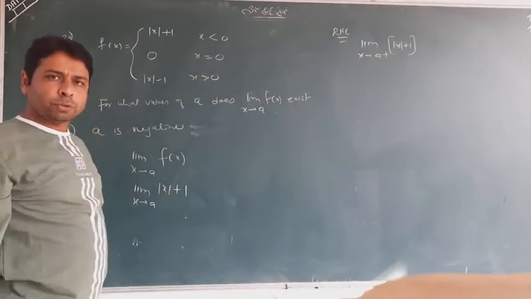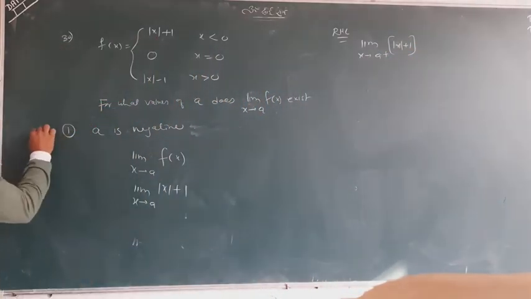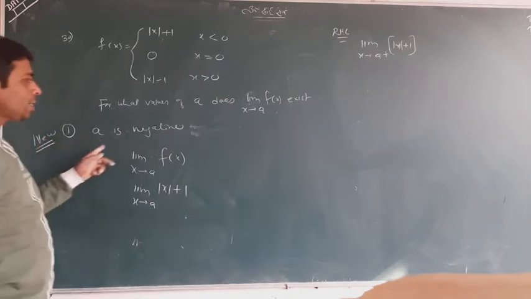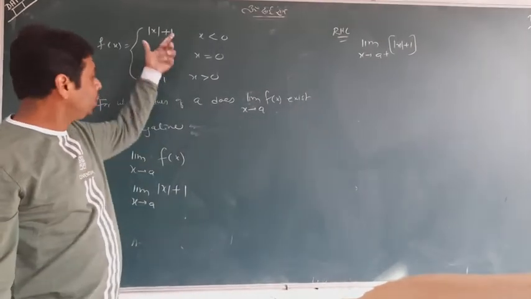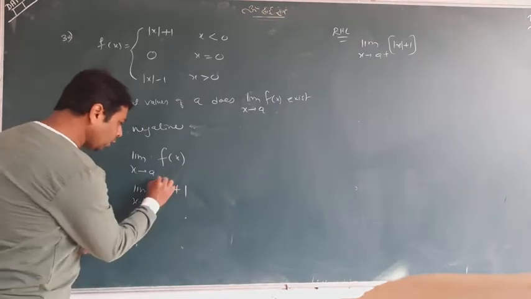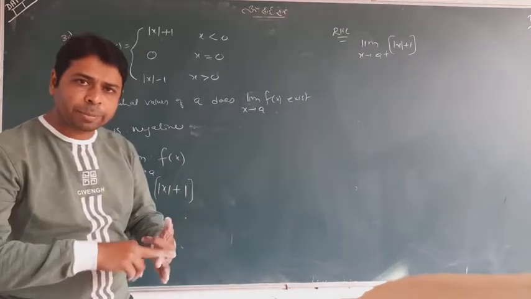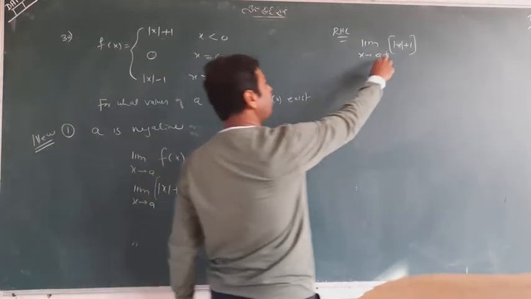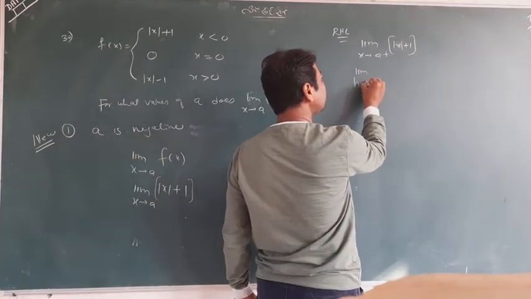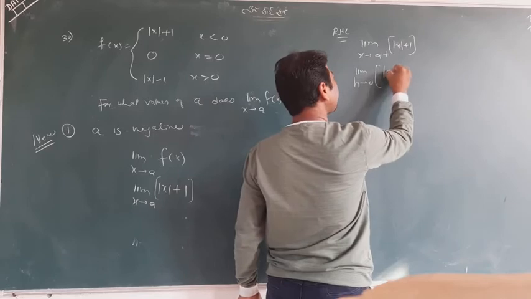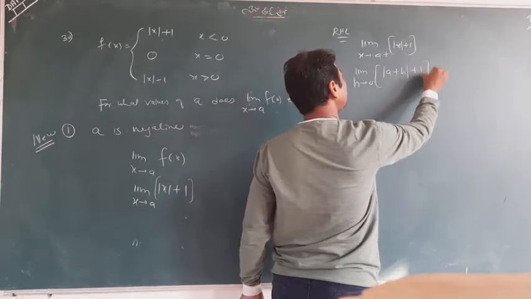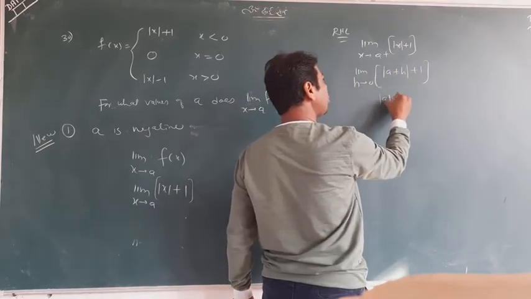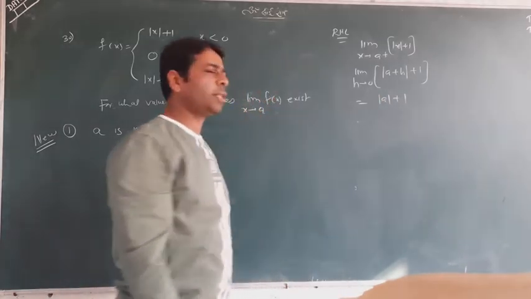You don't get confused, because a is negative, so we have chosen this function. Now let's see whether both are the same or not. For the right hand limit, instead of x, I will write a plus h. Put h tends to 0, you will get mod a plus 1. This is the right hand limit.